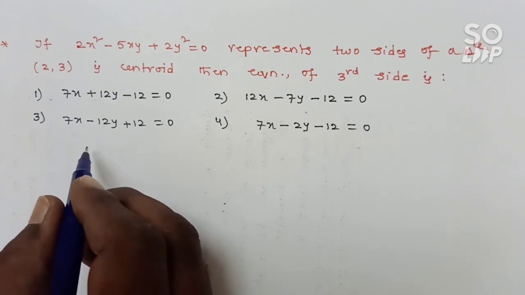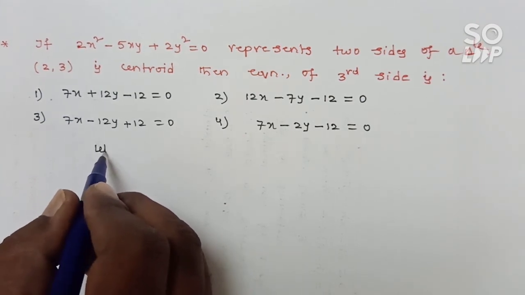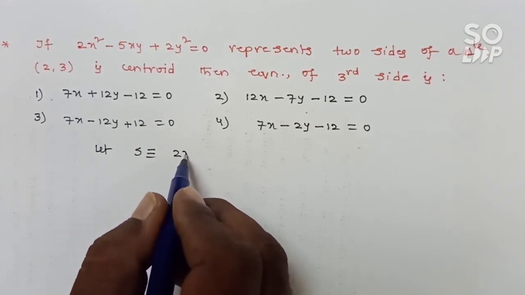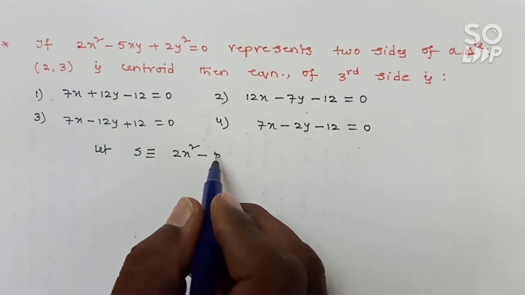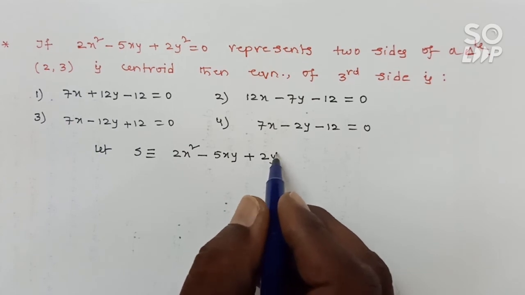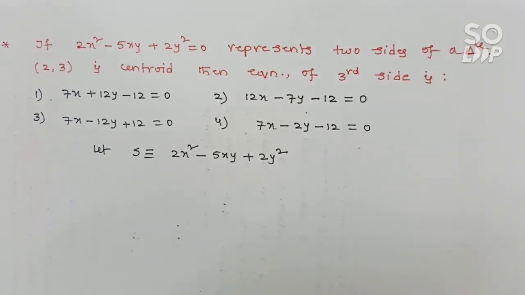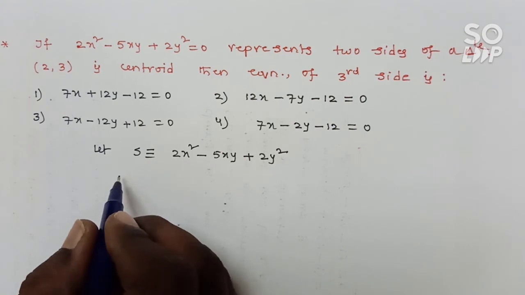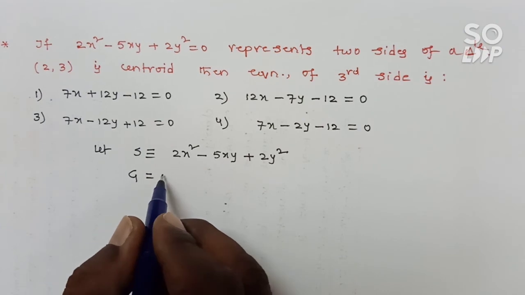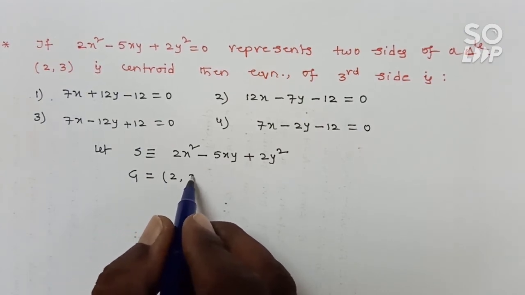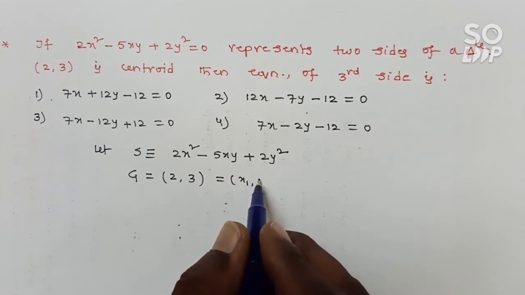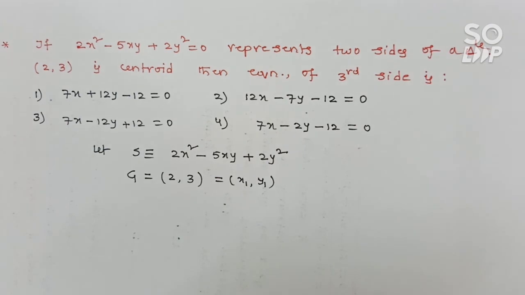First of all, let S = 2x² − 5xy + 2y². This is S. And the centroid G = (2, 3). This point you take as (x1, y1).